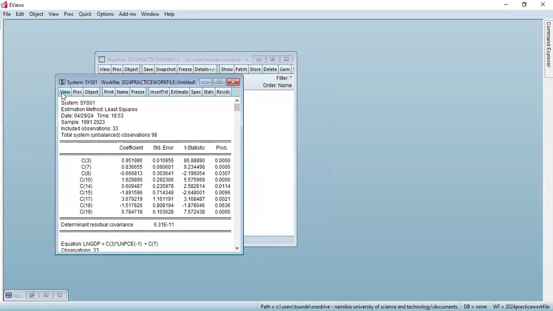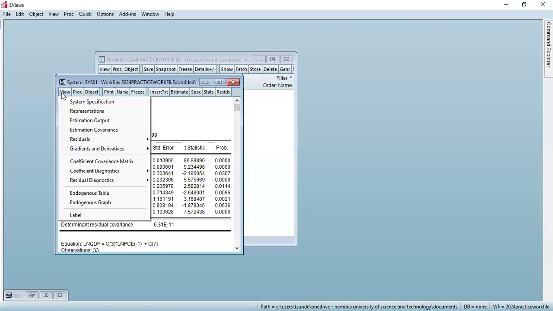Now, I want us to do certain diagnostic tests for this model. The first diagnostic test is the residuals. I cannot do the other test because there are some limitations here, but I can do the normality test.